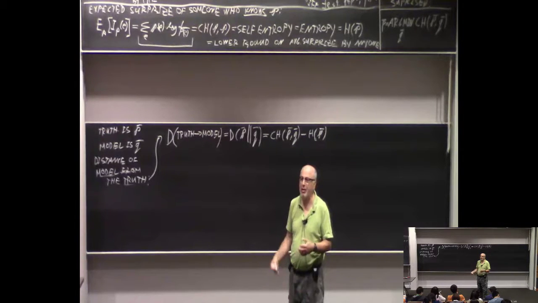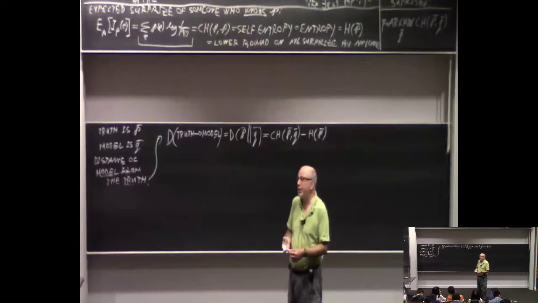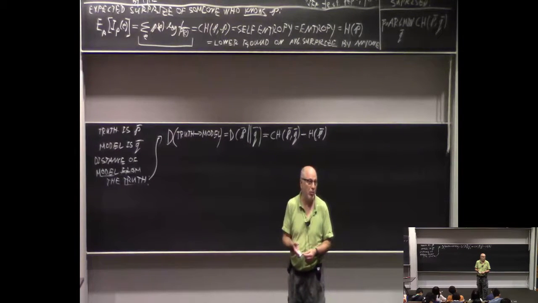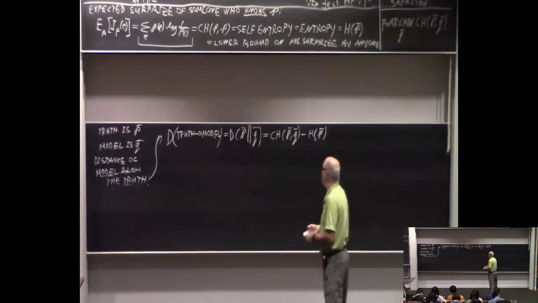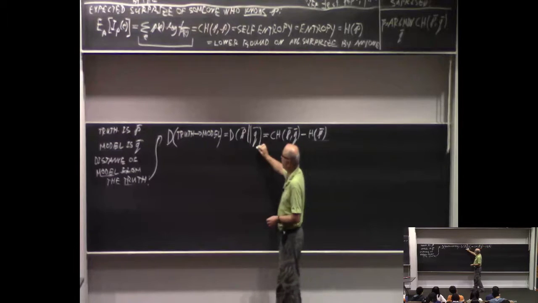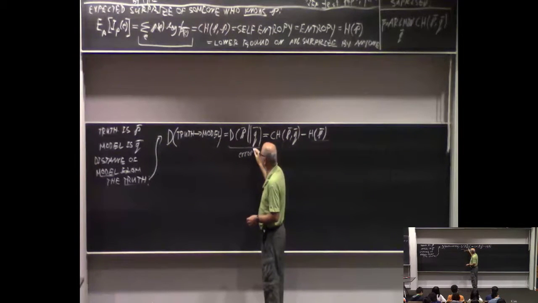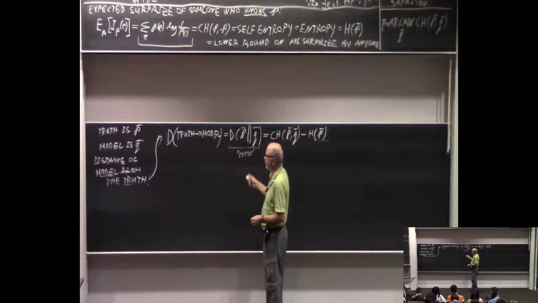You can think about it as dividing the uncertainty into two parts. One part due to the incorrectness of the model, the fact that Q is not exactly P. And the other part is due to the inherent uncertainty of the process that is irreducible. This is irreducible. This is the error or inaccuracy.